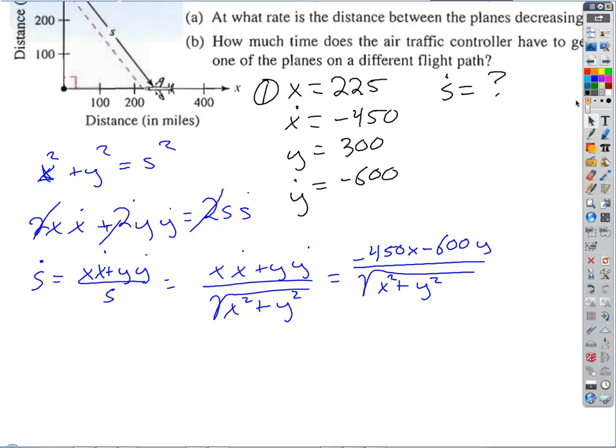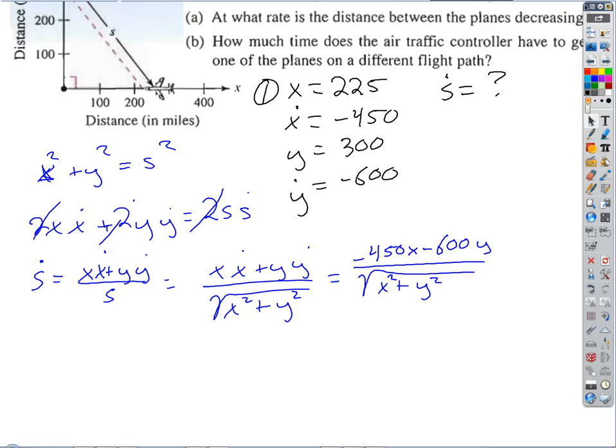Doing the related rates here didn't necessarily help you with that very much, did it? Because if I wanted to solve for X as a function of time, I've got this other variable in there, Y, as a function of time. I've got S as a function of time, right? So you're kind of stuck. So you might have to abandon the calculus on this one a little bit.